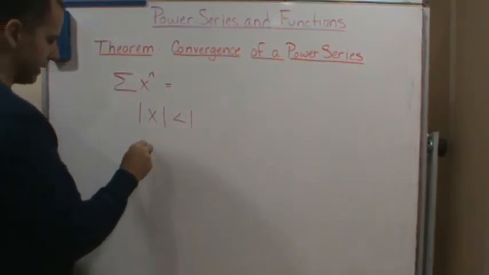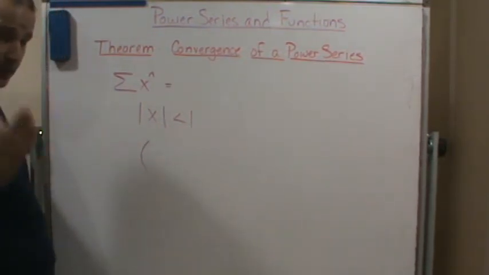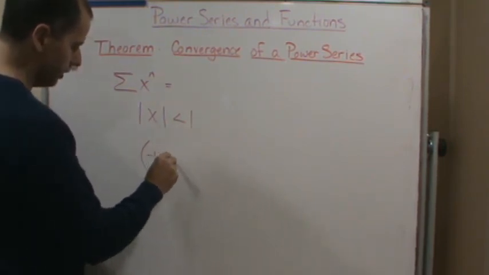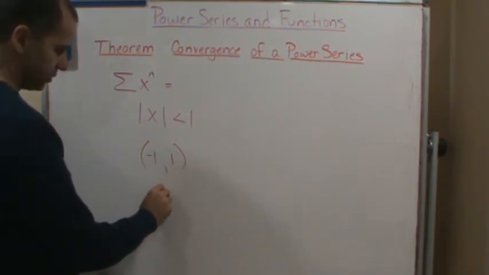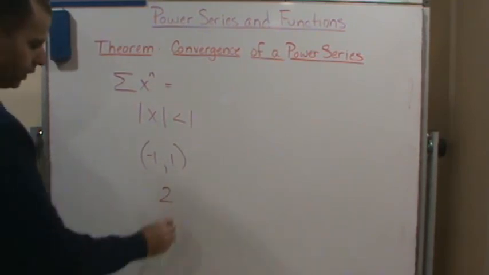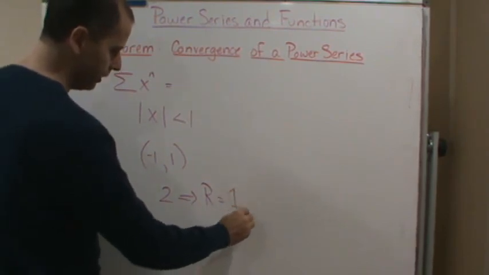Which means that the interval of convergence is from -1 to 1. Now, the range of this interval is 2, right? Which implies that the radius of convergence is equal to 1.